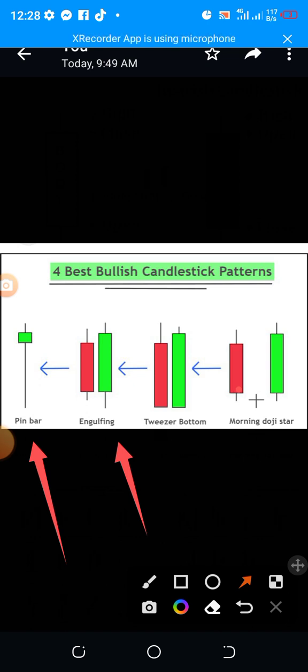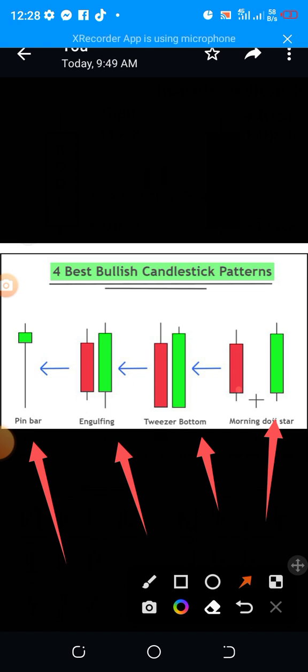The same applies to tweezer tops: when you find one at the end of an uptrend, plan to go short. Then also this one is a very, very good signal. It implies bullish movement, especially when you find it at the end of the bearish trend.